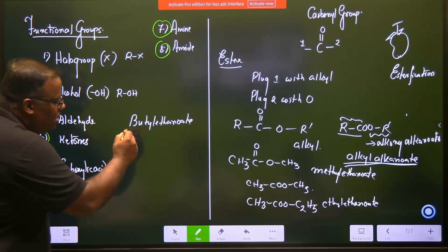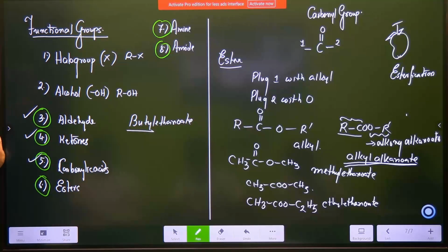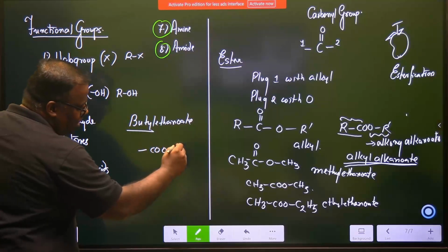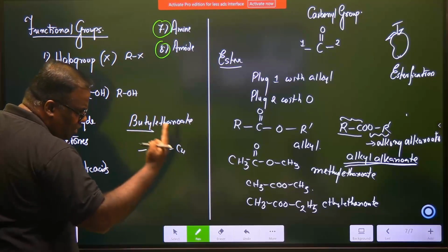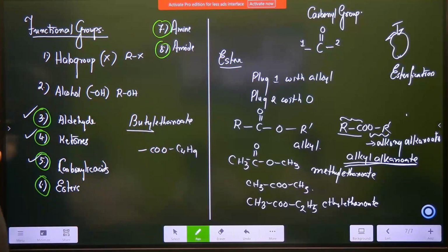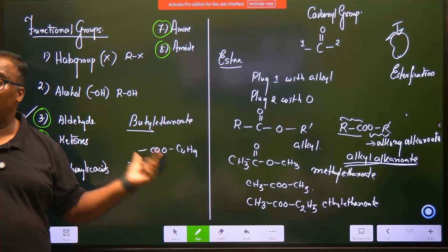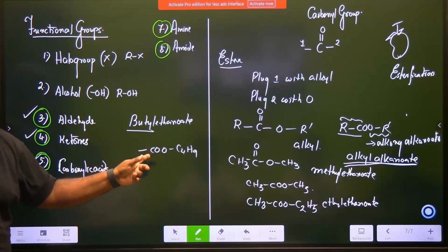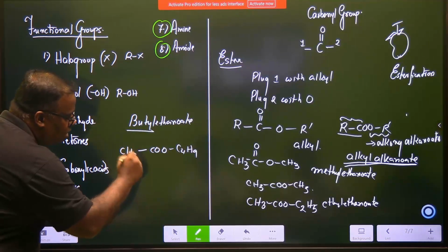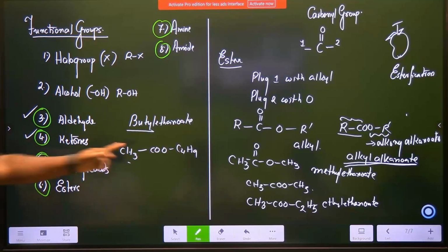Butyl means this is the alkyl group. Alkyl attaches with oxygen. So ester is the COO. Butyl should come here. Butane is C4H10, so it should be C4H9. And on this side, I should have 2 carbon atoms. One has already come, another means CH3. Butyl ethanoate.